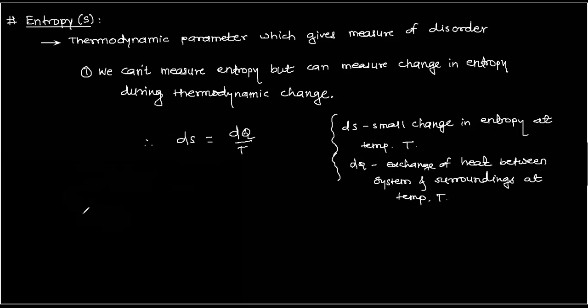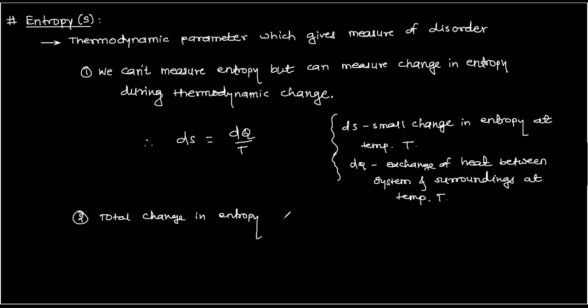Second point. Total change in entropy, that is delta S is equal to integration of dQ by T. You have to use this formula. Okay. Next point. Change in entropy during isothermal change.